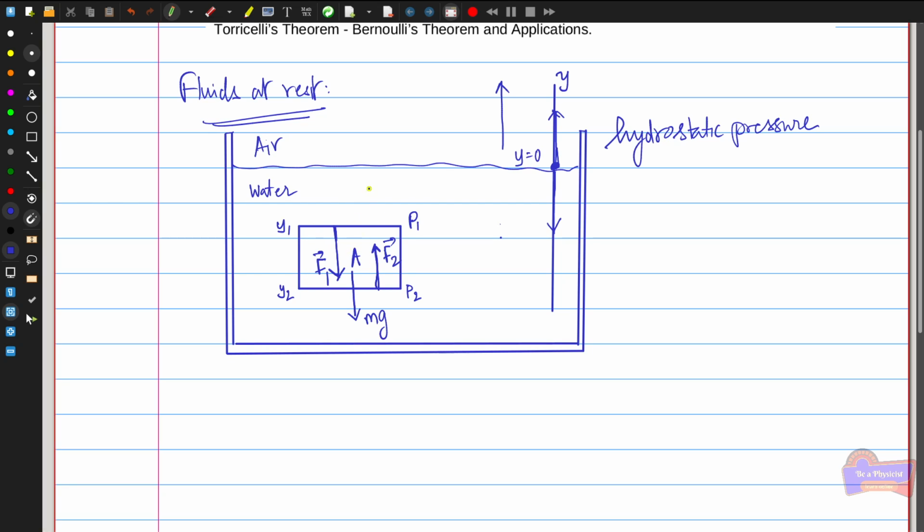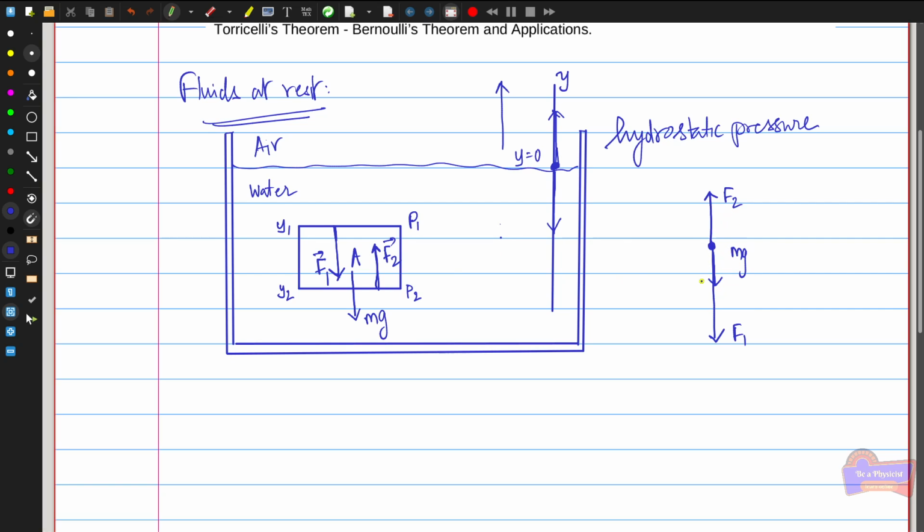Since this fluid is in static equilibrium, all these three forces are in balance, so I can schematically write these forces. The force F1 acts downwards, there is another force F2 acting in the opposite direction, and the third force, the gravitational force, again acts downwards. At equilibrium, these forces must balance each other.